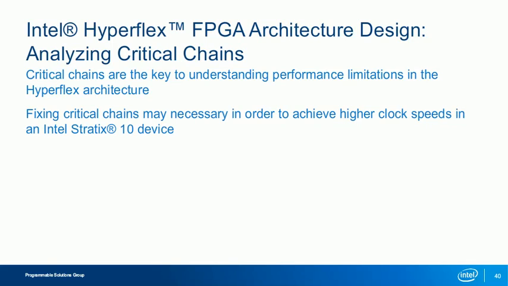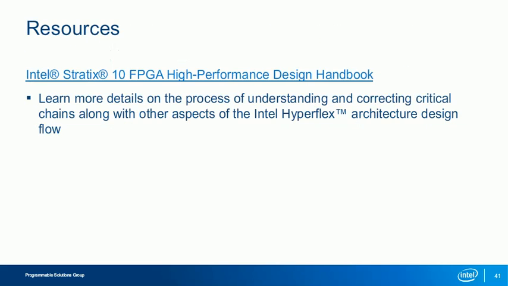So by modifying your design to fix your critical chains, you can get your design's clock rate to speeds higher than what is supported by the current design structure or RTL. If you want to learn more details on understanding and modifying critical chains, please see the Stratix 10 High Performance Design Handbook found on Altera.com.